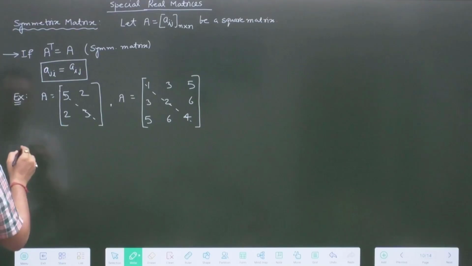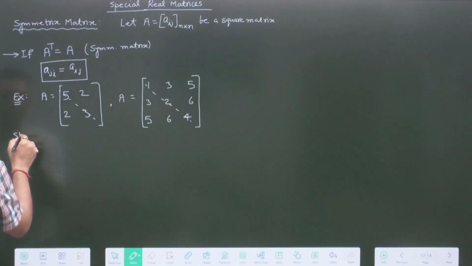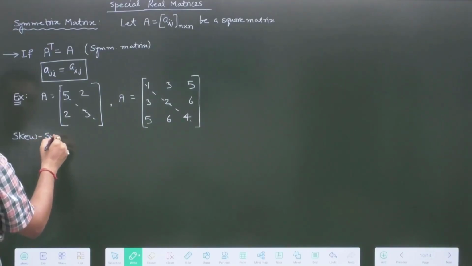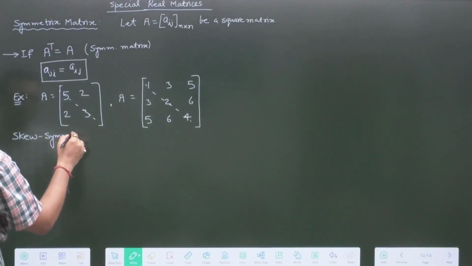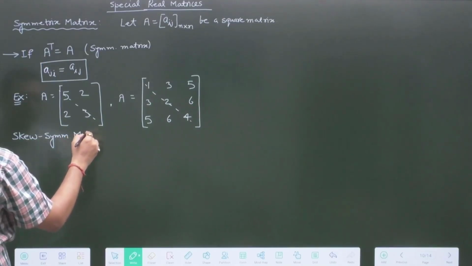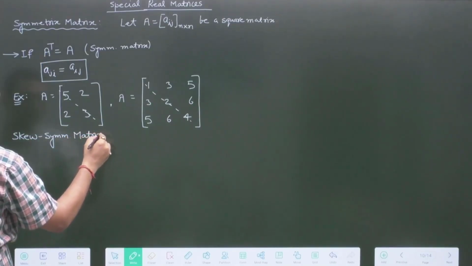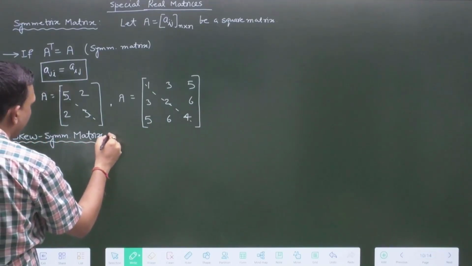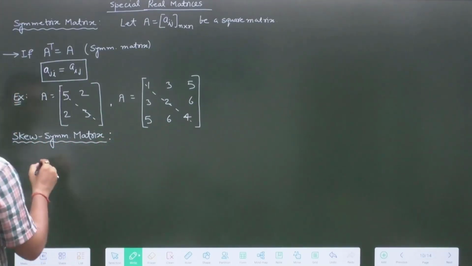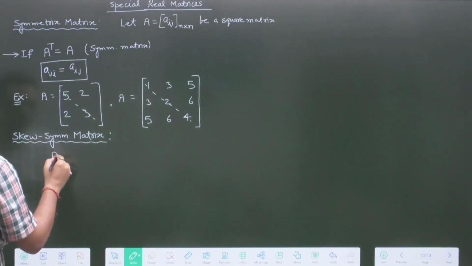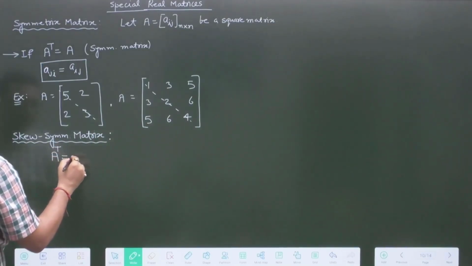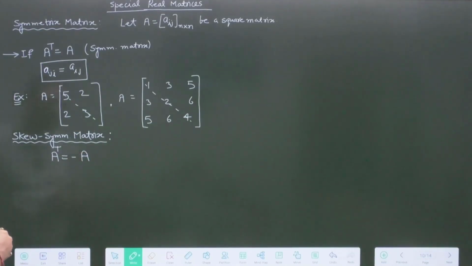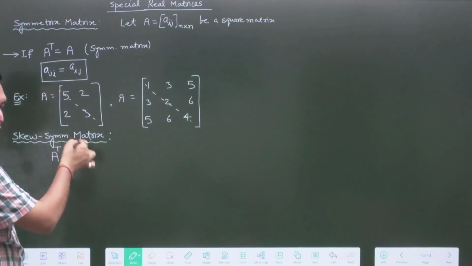Then you have a skew-symmetric matrix. In this case, if A transpose is minus A, if this condition is satisfied, then it's a skew-symmetric matrix.